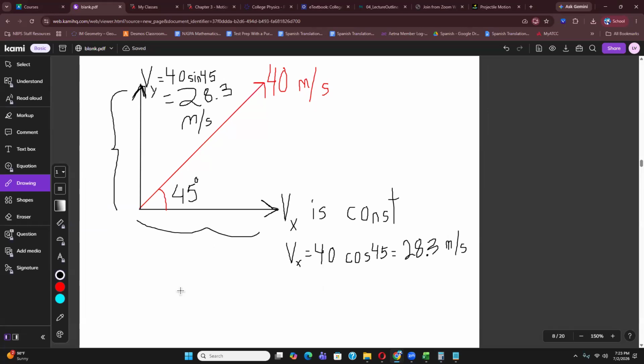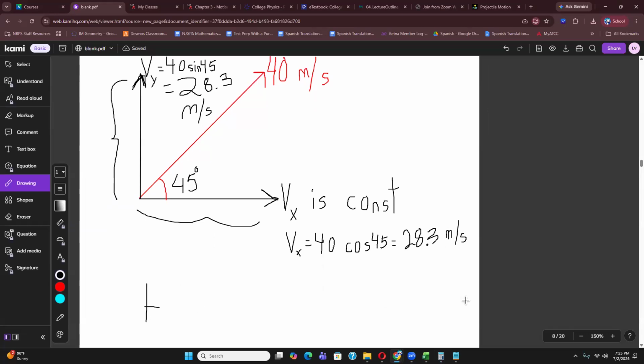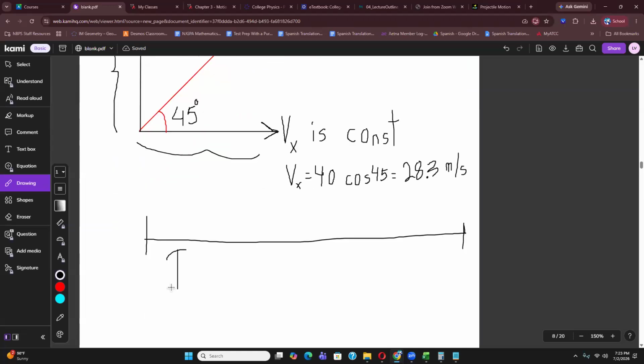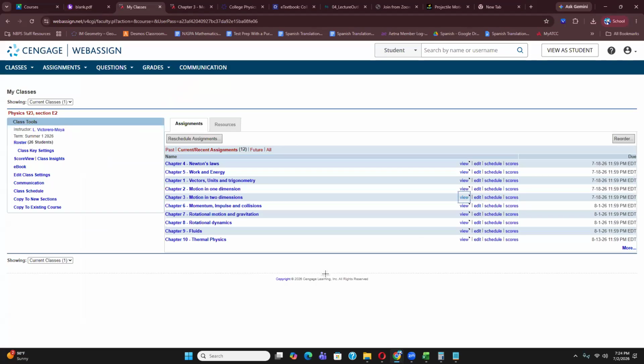So the way you analyze this is that horizontally, if you want to find the distance, which in the horizontal is now called the range of the projectile. You probably have heard about that in the Olympics when they do the javelin, right?